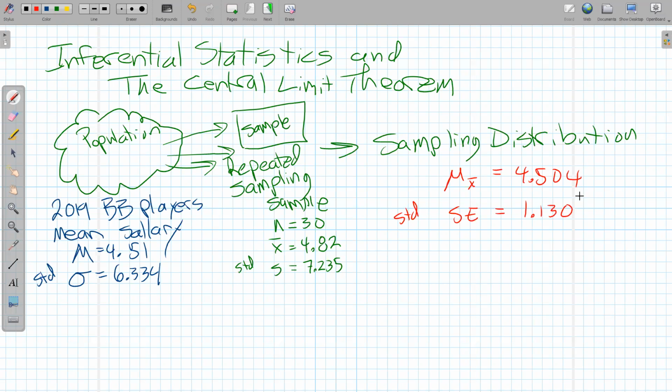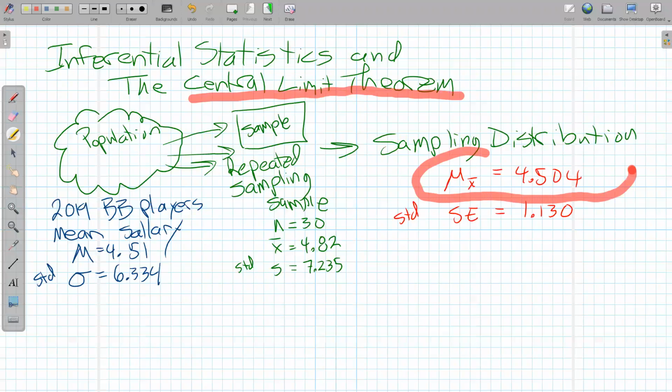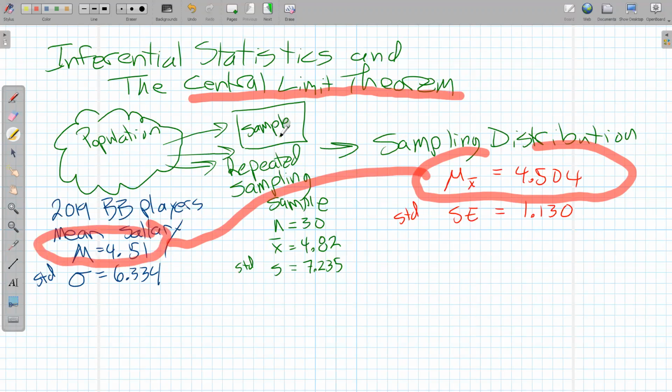So a couple things to note here. The mean of the sampling distribution is close to the mean of the population. So that's something important about the central limit theorem. This mean right here is about the same as that mean right there. Individual samples will vary widely, but we rely on those for an estimate of the population. So at the moment, this 4.82 in reality would be my best estimate.